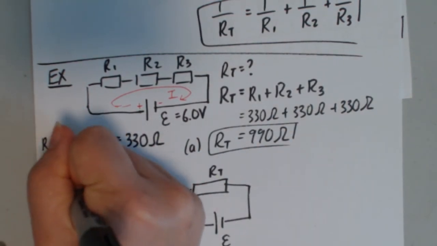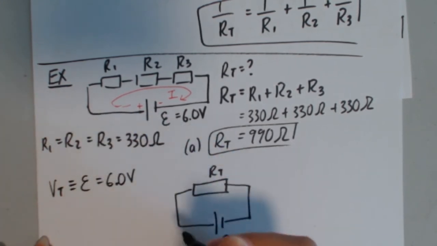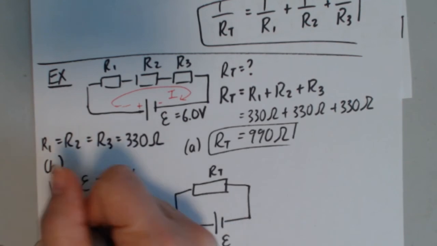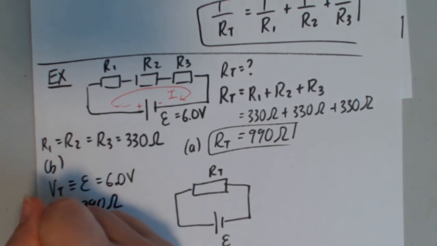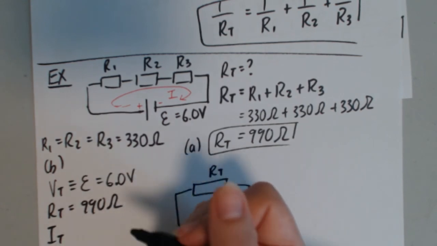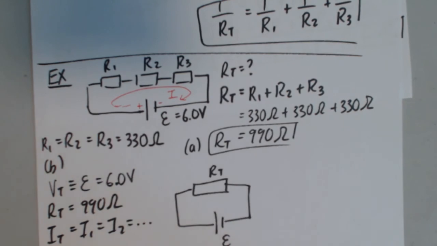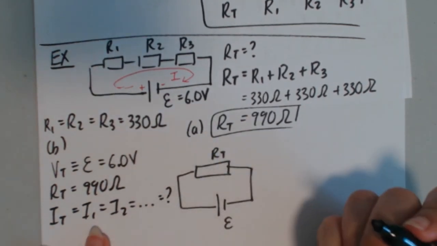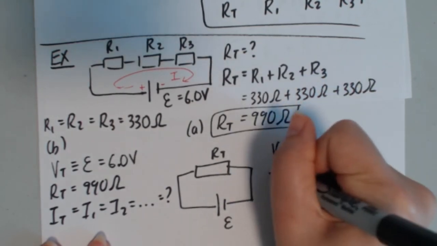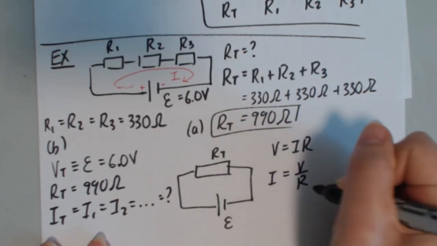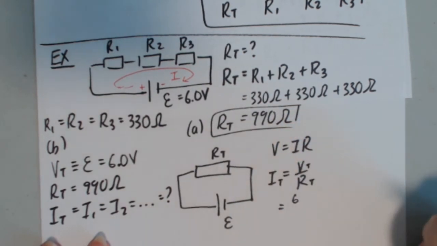I know total voltage, that's called epsilon, and it's 6 volts. I now know, and this is part B by the way, the total resistance, it's 990 ohms, and I can find the total current because that is the same thing as I1, I2, etc., which is what we're looking for. So using Ohm's law, V is equal to I times R. I is equal to V divided by R, so that's I total equals V total over R total.